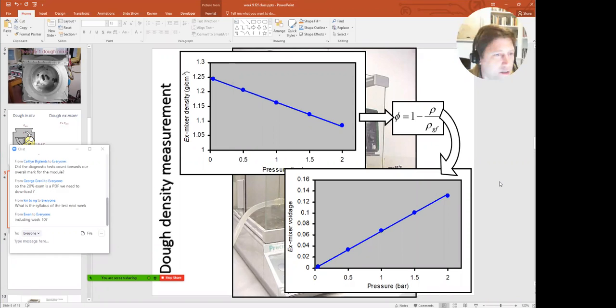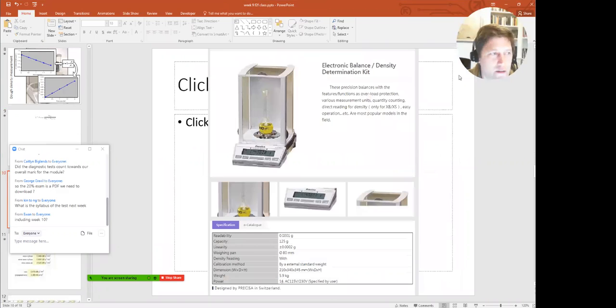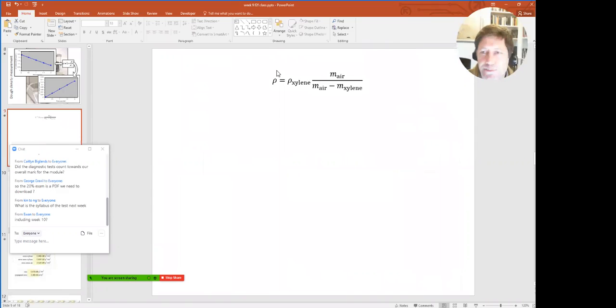I think there was one more slide, this one. This is just to remind us of the equation for finding that density. So we're interested in the dough density rho, and that's equal to the density of the liquid xylene multiplied by the mass of the sample in air divided by the mass in air minus the mass in xylene.